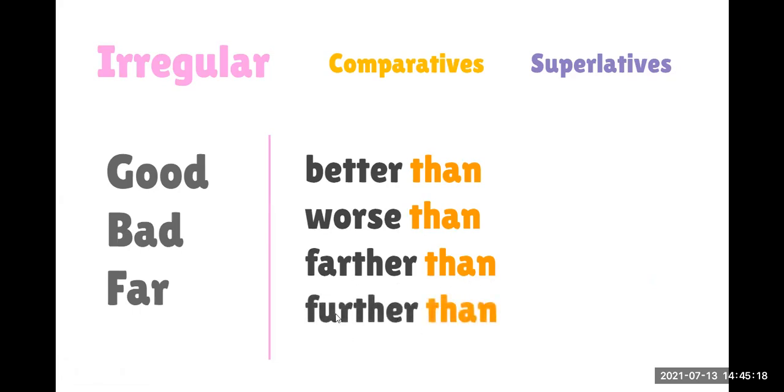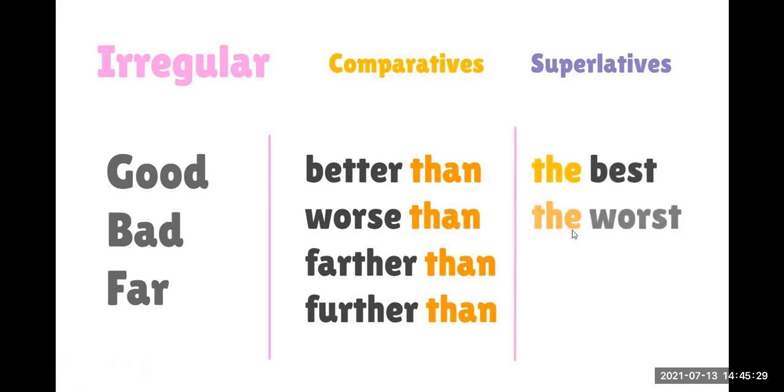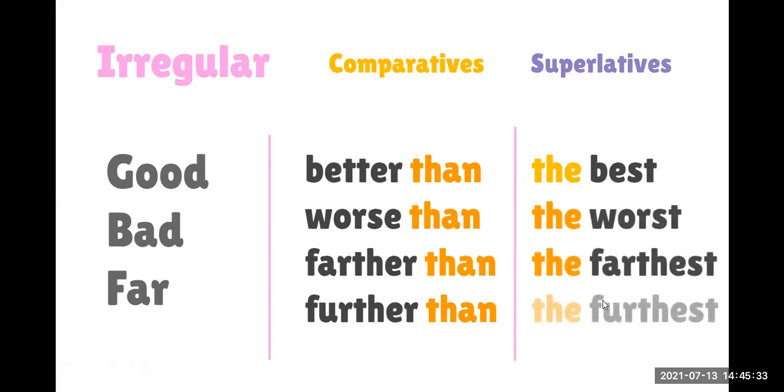Ambas se pronuncian igual, pero se escriben diferente. Esta es más utilizado en inglés británico. Okay? And we can say the best, the worst, the farthest, or the furthest. Okay? So these are some of the irregular comparatives and superlatives.